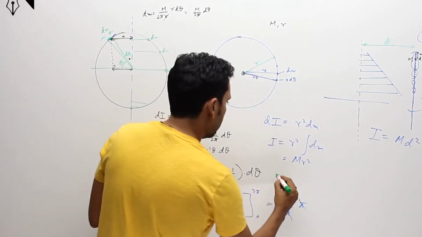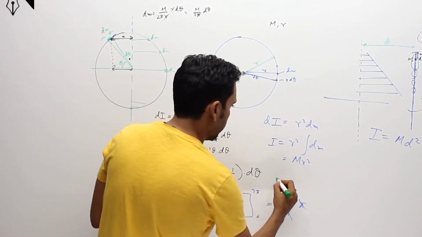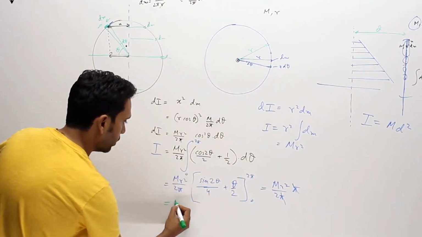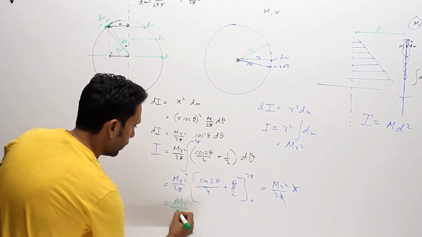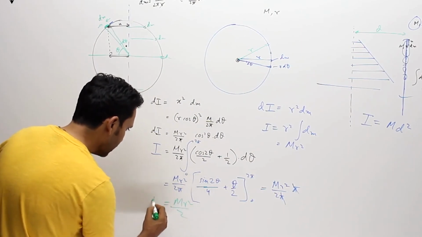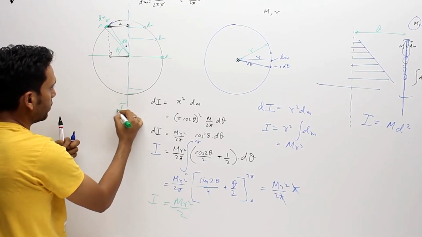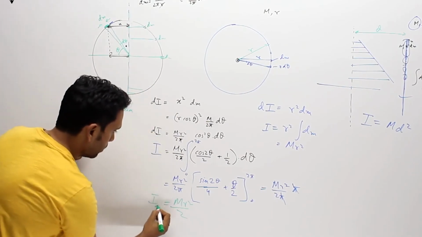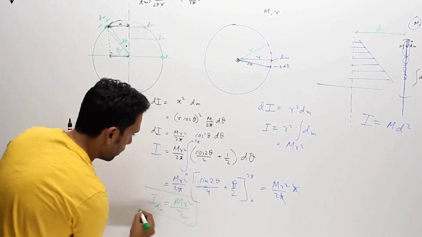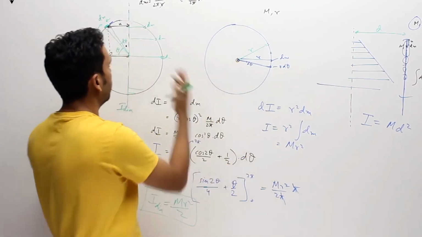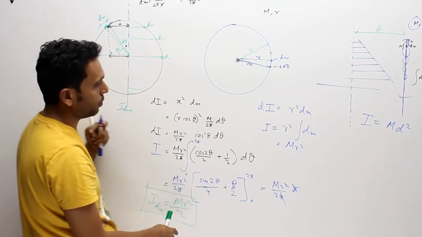So your answer will be equal to, where shall I write it? I'll write it here. I hope it is in the screen. mr square by 2. This is I about a diametrical axis. So you see, for the same ring, if the axis was this, you had mr square. About a diametrical axis, it is mr square by 2.